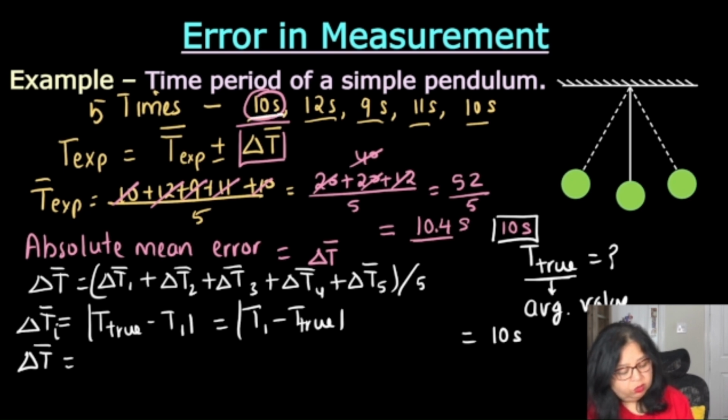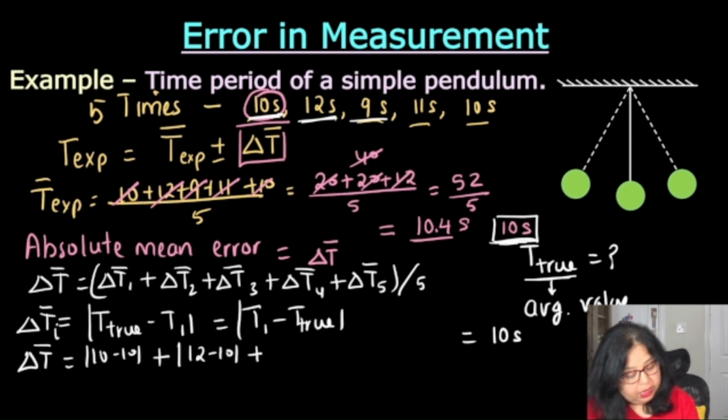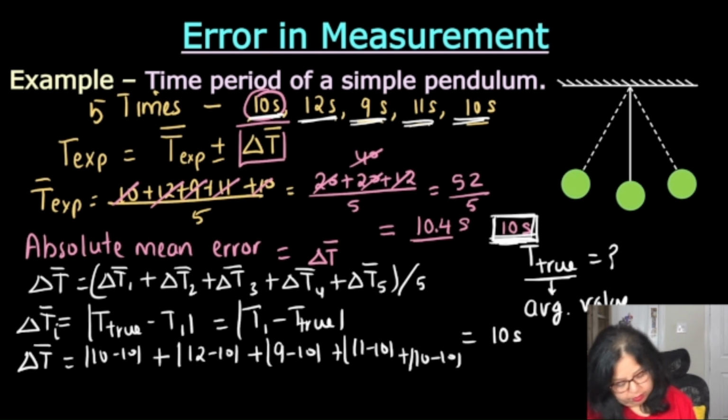So delta t1 bar is going to be the absolute value of 10 for t1 minus t true, so 10 minus 10, plus the absolute value of 12 minus 10, plus the absolute value of 9 minus 10, plus the absolute value of 11 minus this 10, plus the absolute value of this 10 minus this 10 over here, all divided by 5.